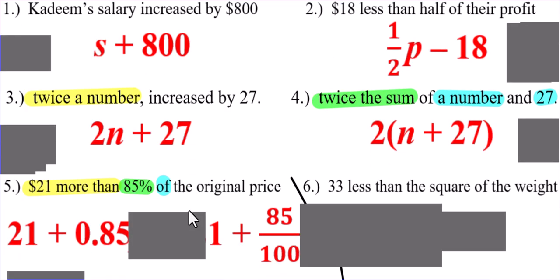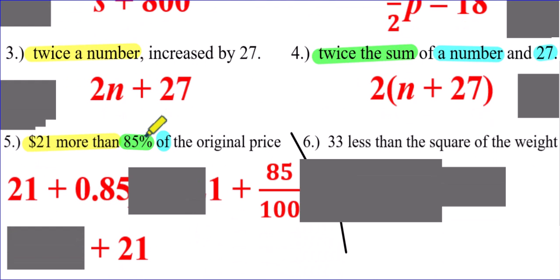And that's what we have here on problem number 5. 85% was the number, 85 hundredths. Next up is of. So this means 85 hundredths times whatever is next in the problem, and that would be the phrase, the original price. We don't know what that price is, so it's going to be 85 hundredths times a variable, the variable representing the original price.